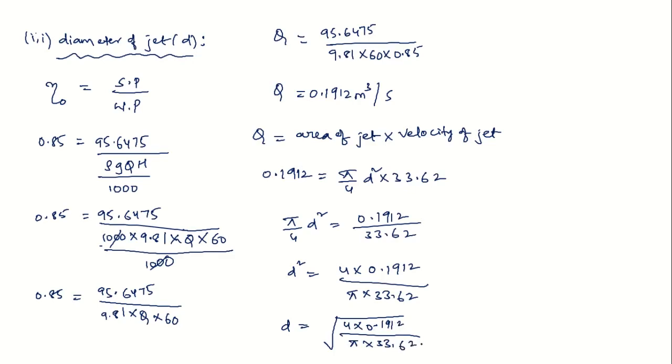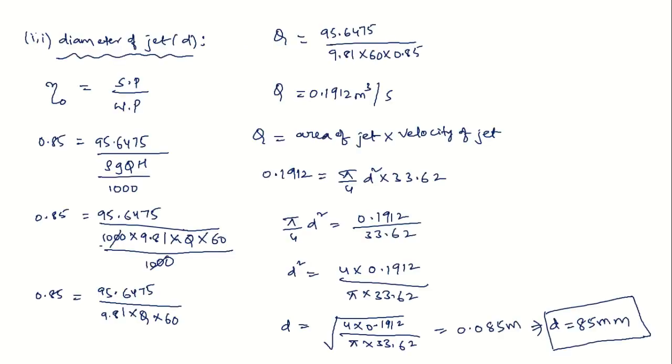So let's see how much we would get. So we got diameter of the jet as 0.085 meters, which is around 85 mm. So our third part is also done.